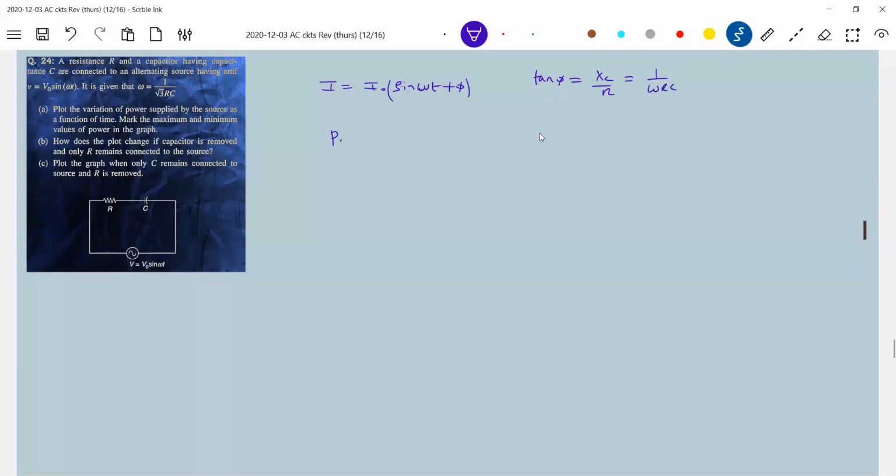Then what is the instantaneous power? Should be equal to V into I. So V naught sine omega t, I naught sine omega t plus phi. It is asking us to plot this graph.